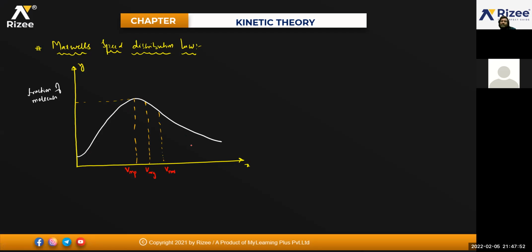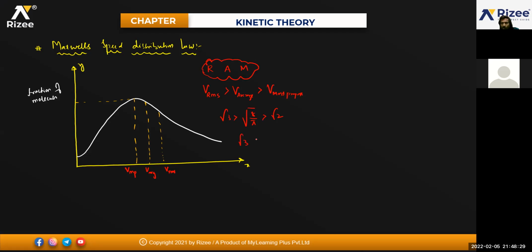So the velocity which is possessed by the fewest molecules will be Vrms, then V average. You can remember the shortcut RAM for the order: Vrms is greater than V average, which is greater than V most probable. That means the ratio is root 3 greater than root of 8 by pi, which is greater than root 2.